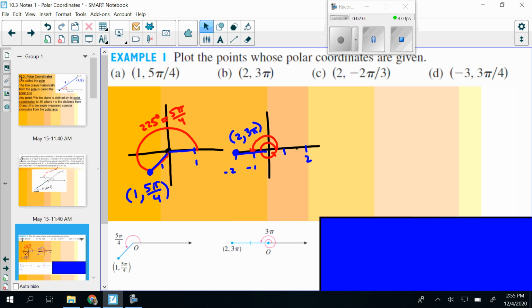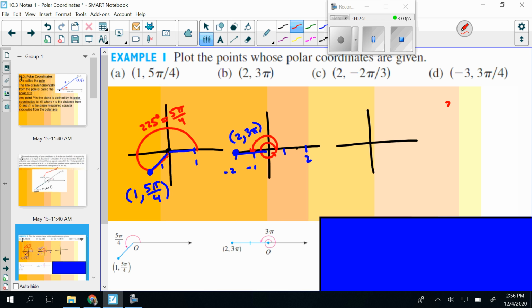All right, the third one here, this one has a negative angle. So if the angle is negative, we would do the same thing we did with the unit circle back when you learned that. Now we're going to travel clockwise. So we'd want to travel clockwise 2π over 3.